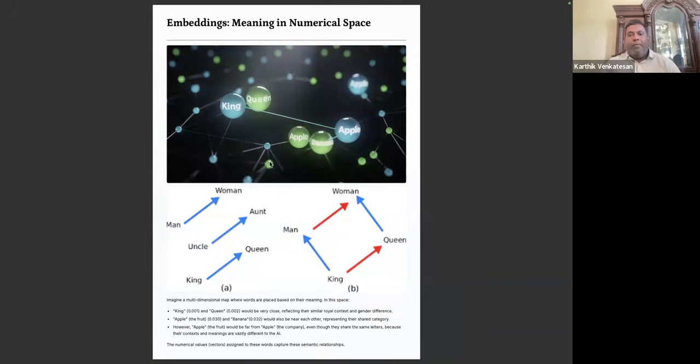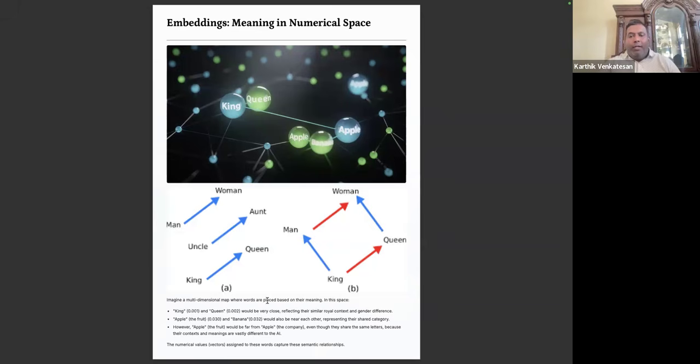And then I'm giving an example of vector embeddings. So this is how it knows: king is a type of man, but man is not a type of woman. So it stores these two tokens or words as vectors together nearby, like it will assign 0.001 for king, 0.002 for queen.